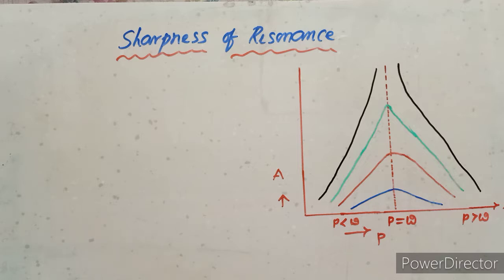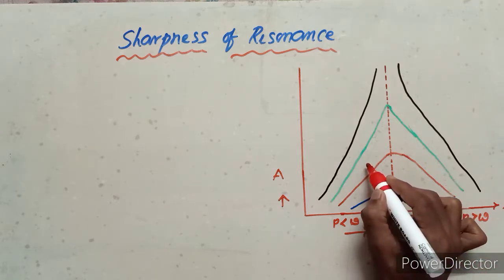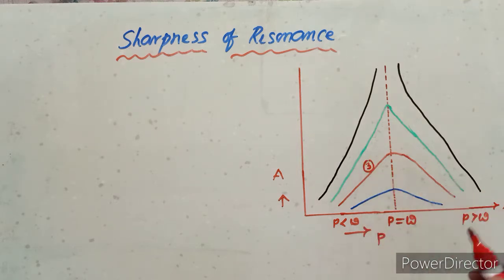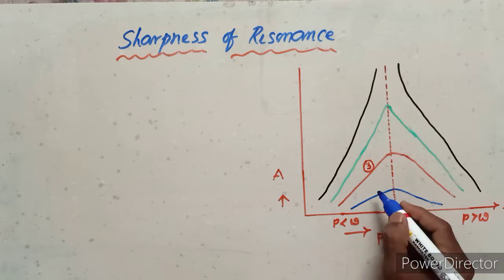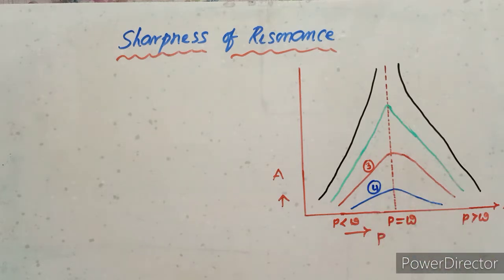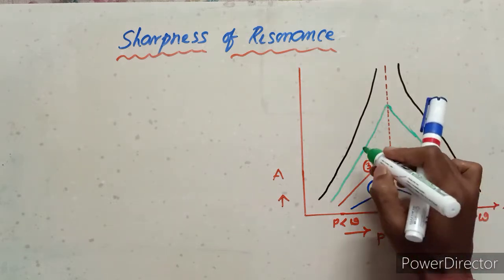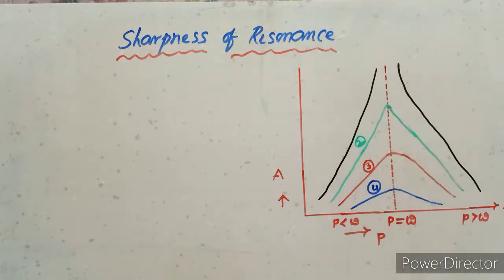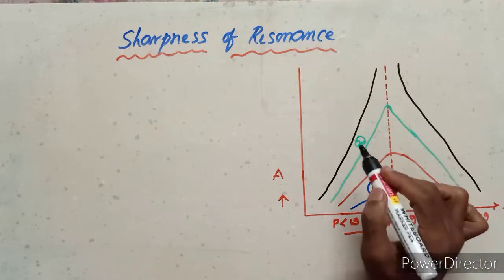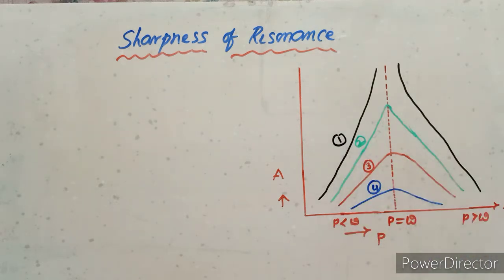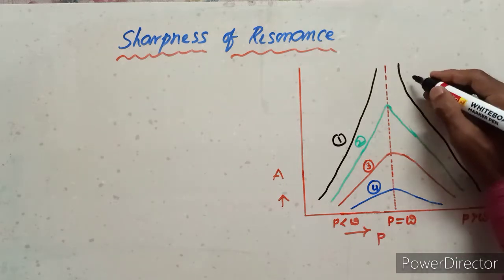So here there are four curves: first curve, second curve, third curve, and fourth curve. Now I am going to explain these curves. The first is no damping.